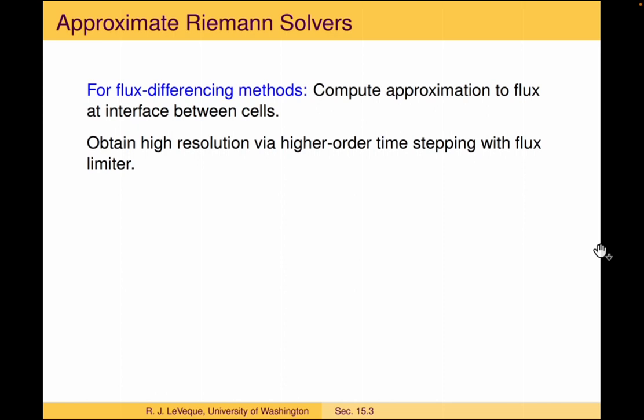What value does that have along that ray, and use that as your approximate Riemann solver for, say, a first-order Godunov method, and then perhaps generalize that to higher order by looking at a higher order time stepping or some other extension of the flux differencing method to higher order accuracy.